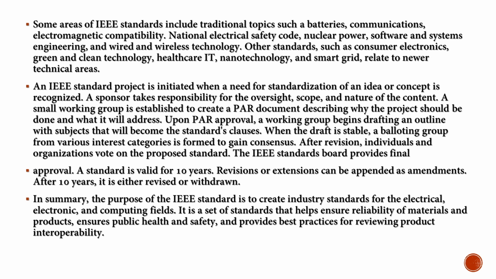Upon PAR approval, a working group begins drafting an outline with subjects that will become the standard's clauses. When the draft is stable, a balloting group from various interest categories is formed to gain consensus. After revision, individuals and organizations vote on the proposed standard.